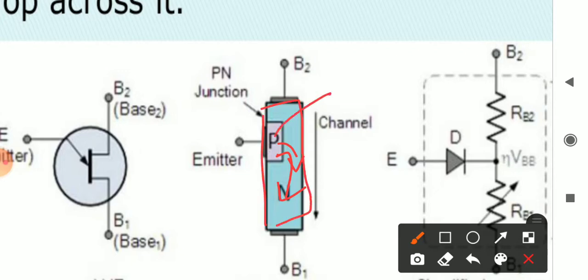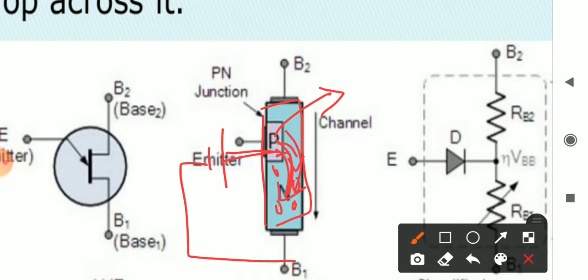This one is heavily doped. Initially I told you the P region is heavily doped and the N region is lightly doped. Now the diode is forward biased, that is, we are connecting it to the positive terminal. Because of this polarity, the holes move towards the N layer, so now holes are getting accumulated in this particular region.